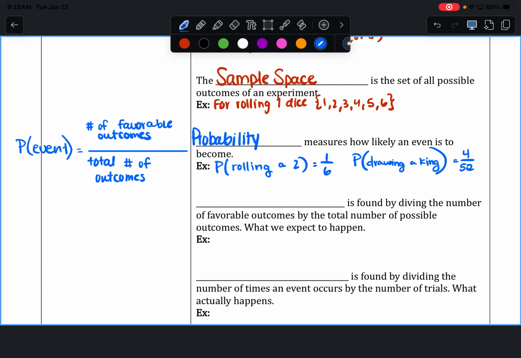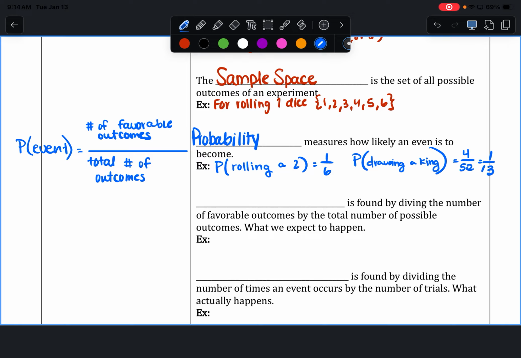Now, that is something we can simplify. What can go into both 4 and 52? 4. What is 4 divided by 4? What is 52 divided by 4? 13. So your chance of drawing a king is 1/13. Okay? So that's the different ways we can consider a probability.